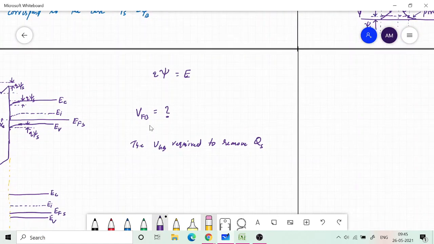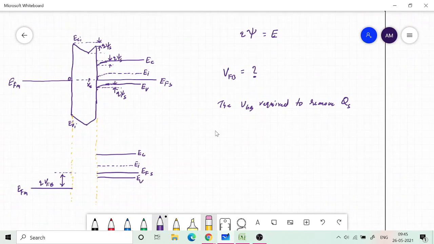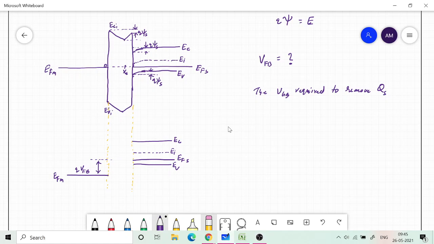So as I said, flat band voltage means the VGS required to remove QS. In order to remove QS, we need to basically increase the negative charge on the gate, and if you want to increase the negative charge on the gate, we need to apply a negative voltage on the gate.